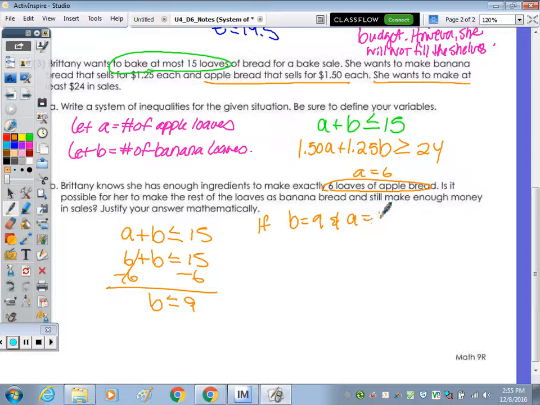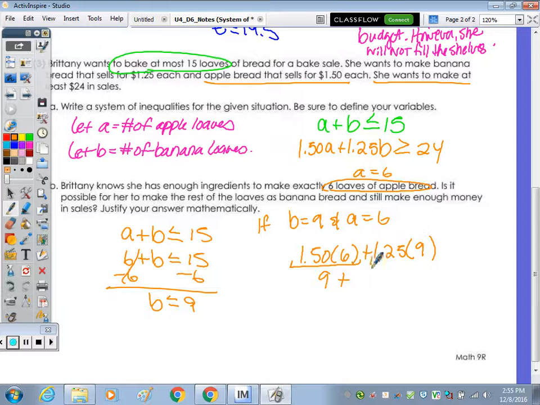So if B is 9, and A equals 6, the question says, is it possible for her to make the rest of the loaves as banana bread and still make enough money in sales? So let's plug in $1.50 times 6 plus $1.25 times 9. $1.50 times 6 is 9, because $1.50 is 3 halves.